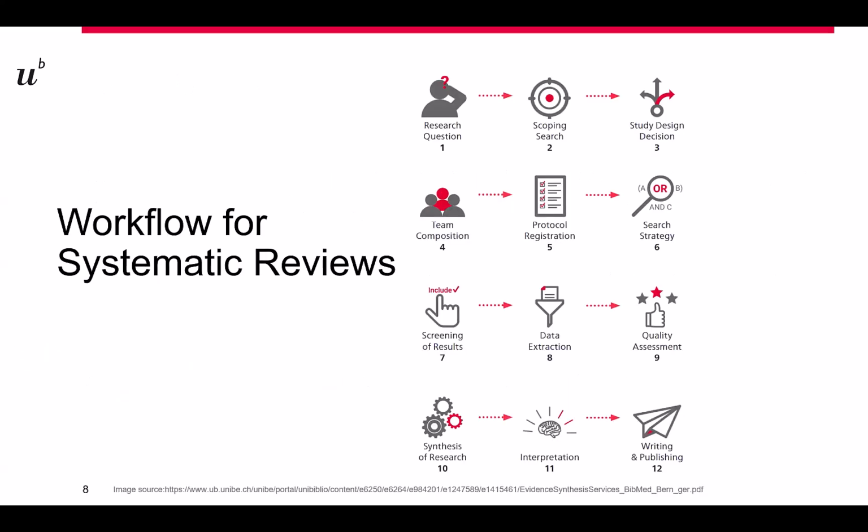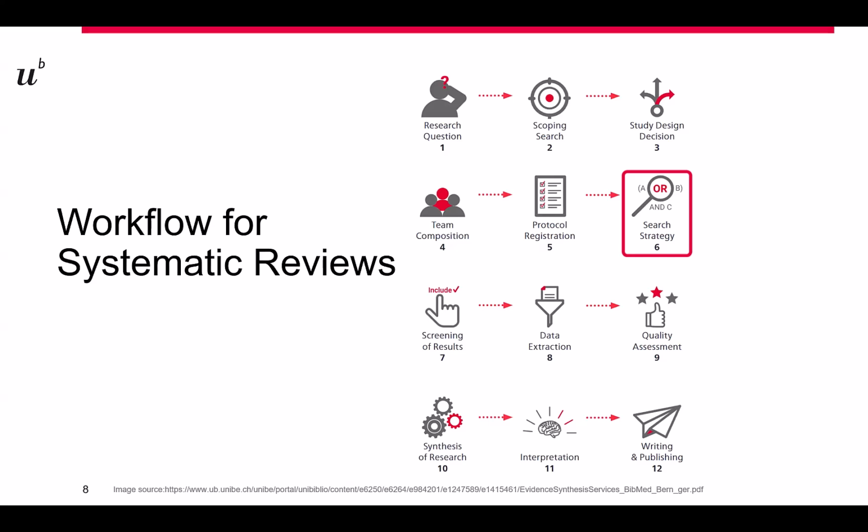To have a better idea of what is a systematic review, we have here 12 steps. You can see that everything starts with the research question. After you have to search for information, design a project, create a team, register that project as a protocol, implement a systematic search strategy.